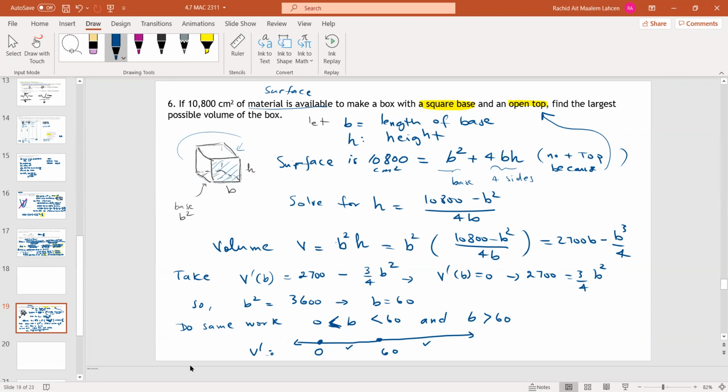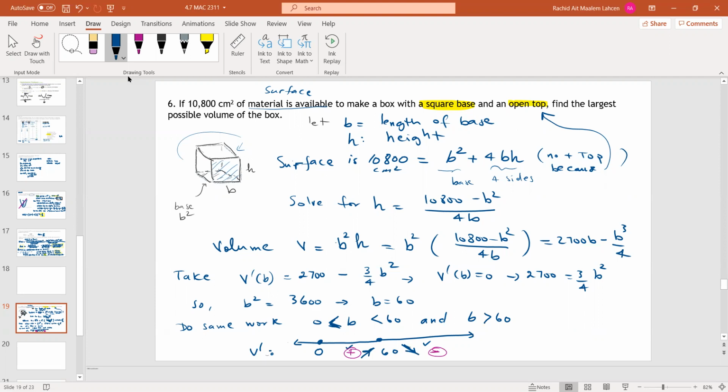And it comes up to be a positive here. And if you try a number here, it comes up to be negative. And that tells us there is a maximum. Since the first derivative here is positive, it means the function is going up, and it's coming down here when it is negative.